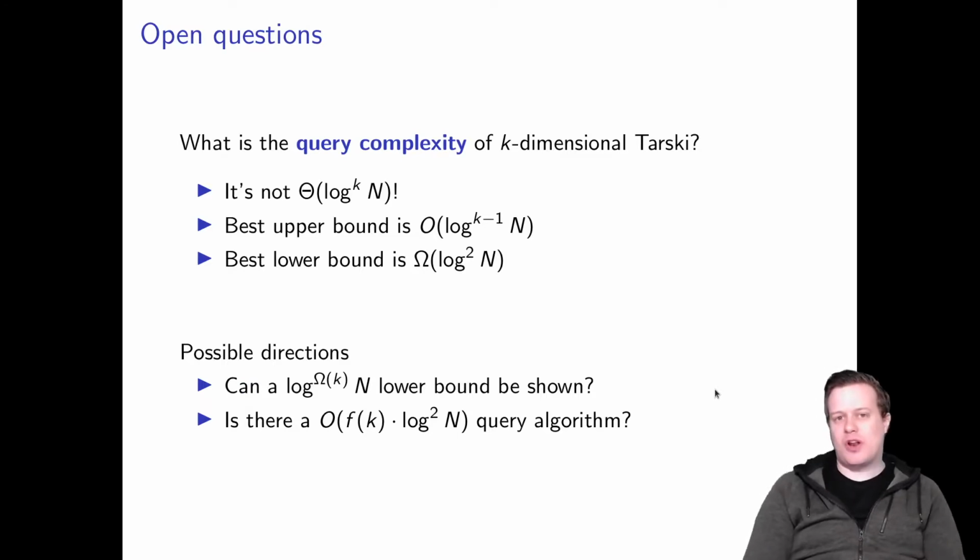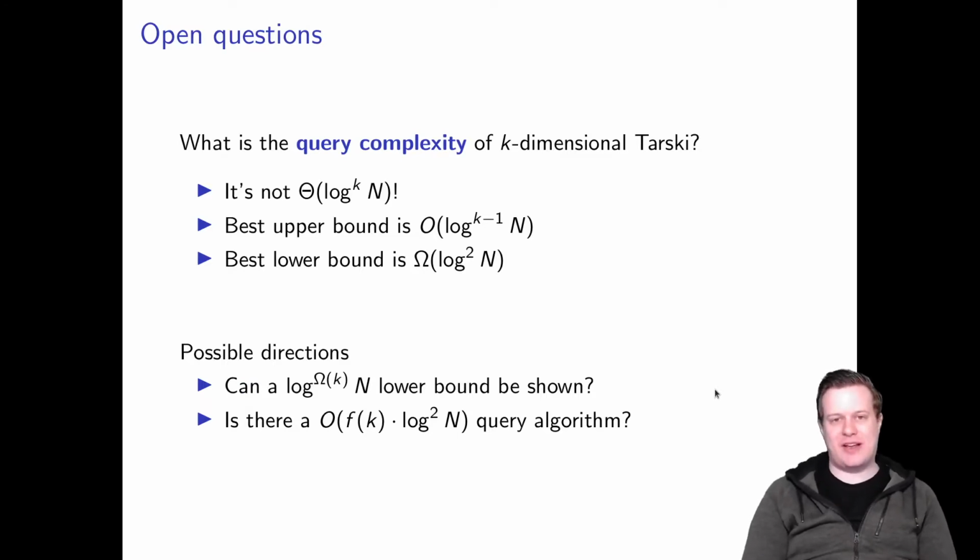So, what are the open questions arising from this work? I think the main open question is, what on earth is the query complexity of the Tarski problem? Defying our expectations, we thought it was theta of log to the k n before we kind of disproved ourselves. It is not theta log to the k n. Whereas life was perhaps fairly simple before, and we just needed to show a lower bound to match the known upper bounds, now things are a bit more complicated.